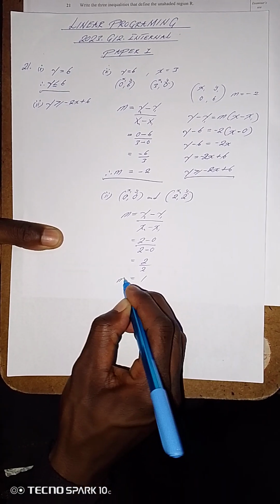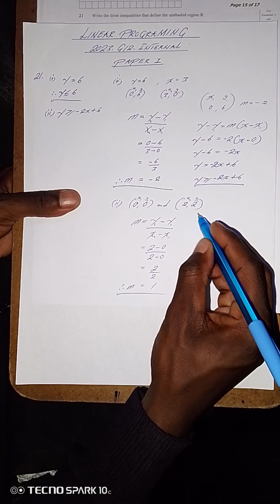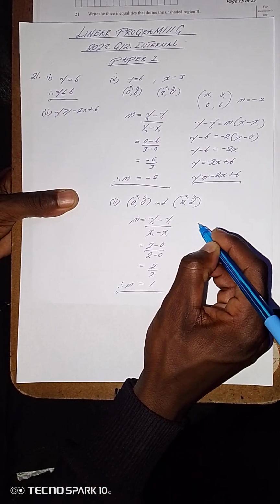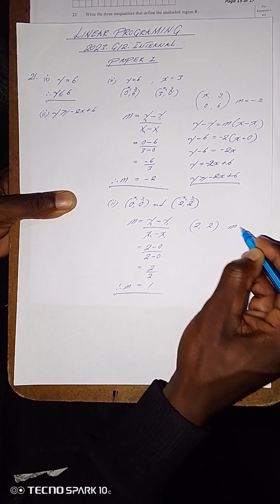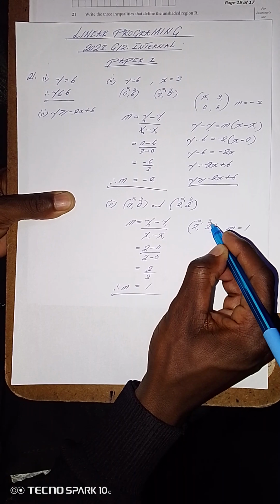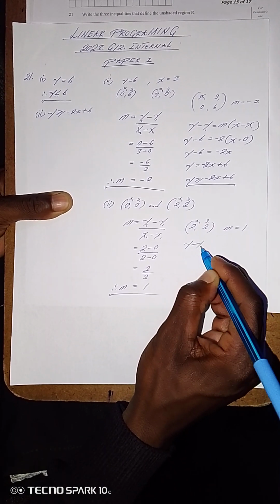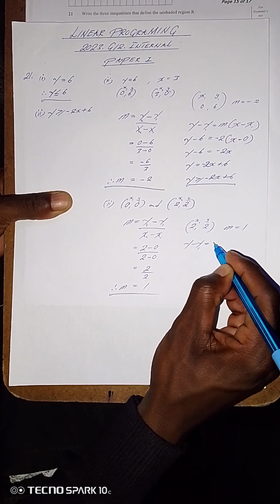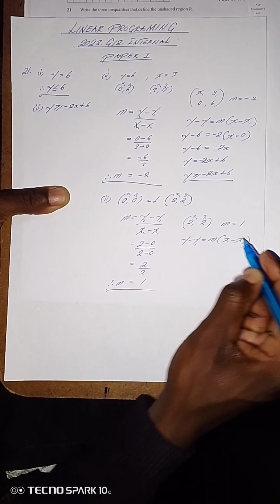So our gradient is 1 now. To find the equation, we get this 2, 2, gradient equals 1, x1 y1. So y minus y1 equals gradient times x minus x1, like that.